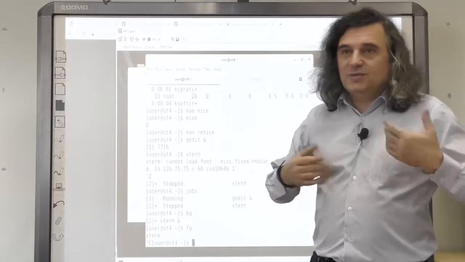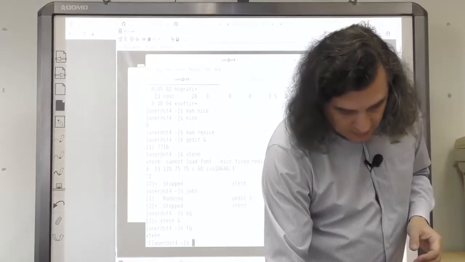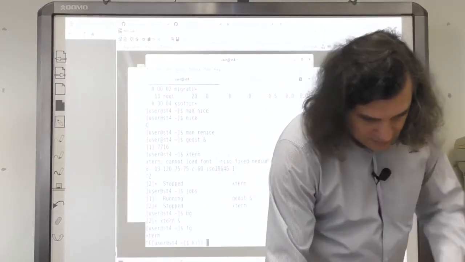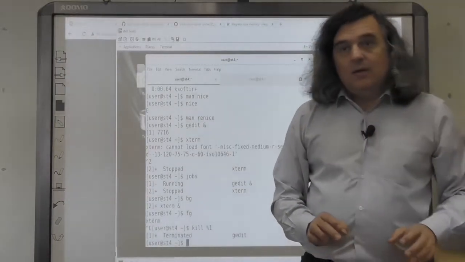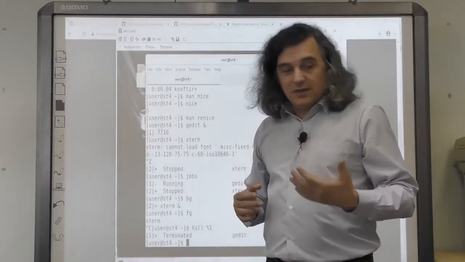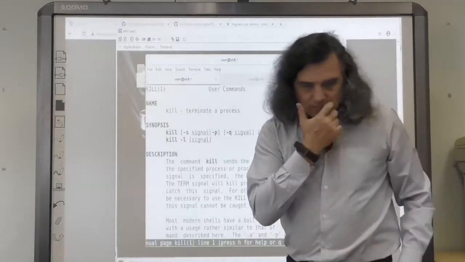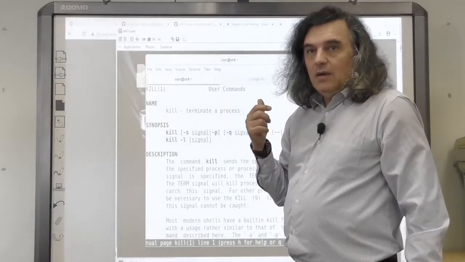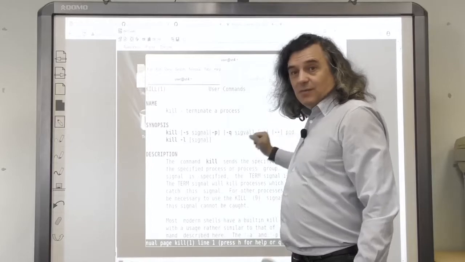Another way to terminate a process is with the kill command. Also, you can kill the process by process ID number.